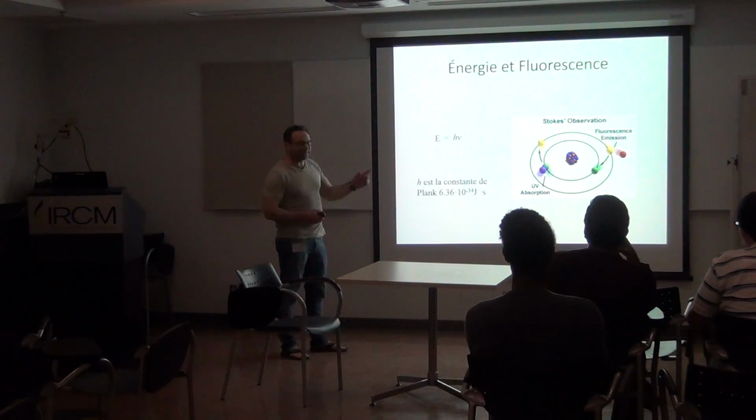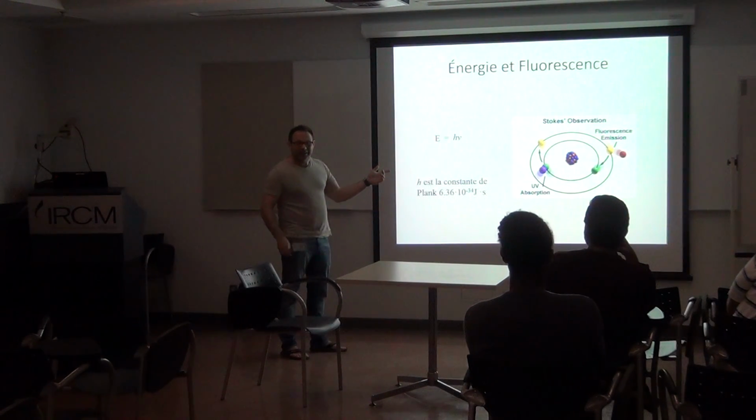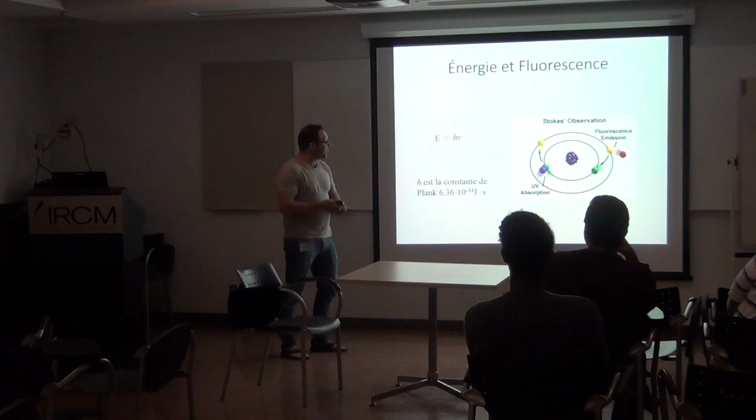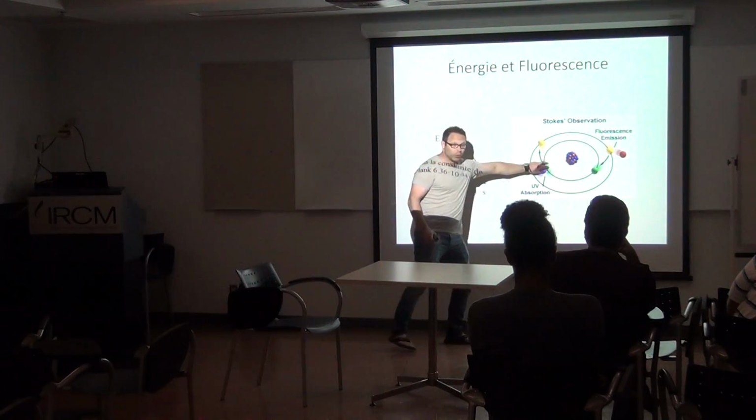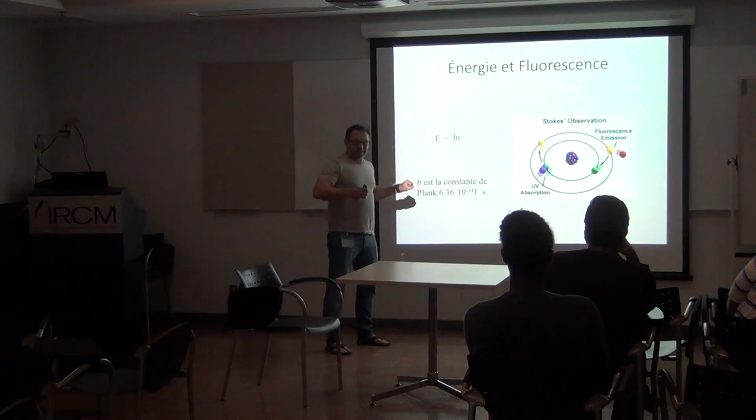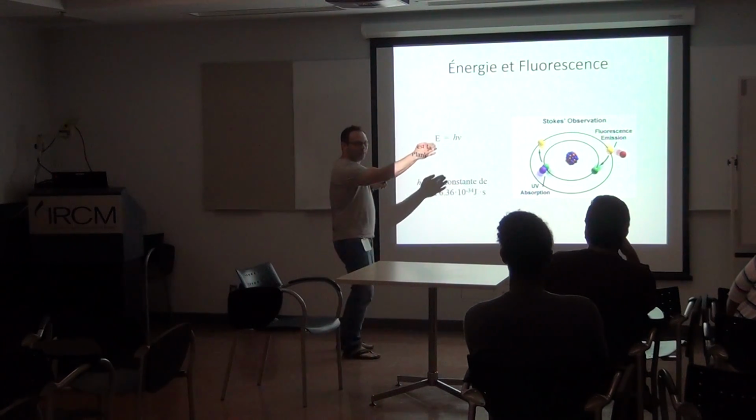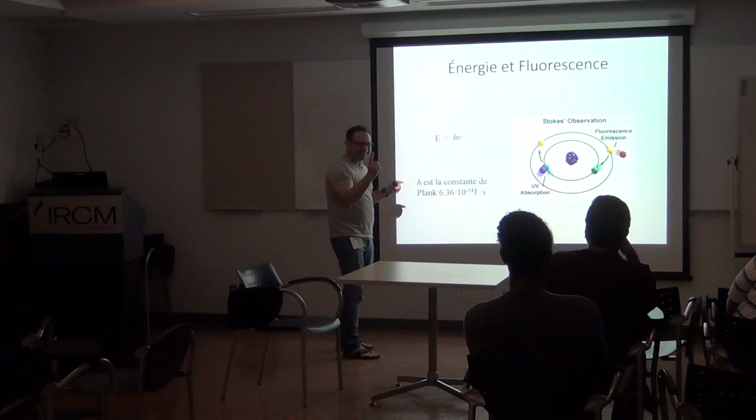But at the same time, it's pretty long for those molecules, because the time it takes to absorb the energy is 10 to the minus 15 seconds. So 10 to the minus 15 is a 1 preceded by 15 zeros of a second. It's pretty short.